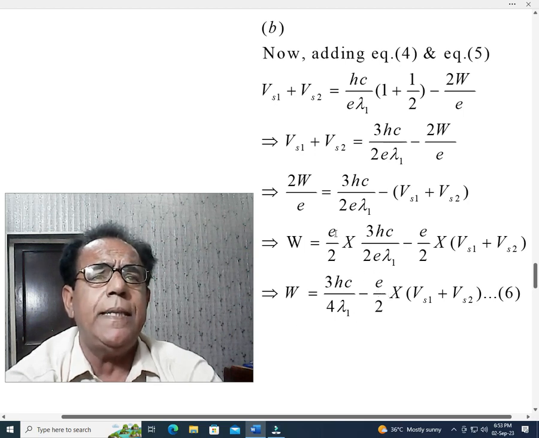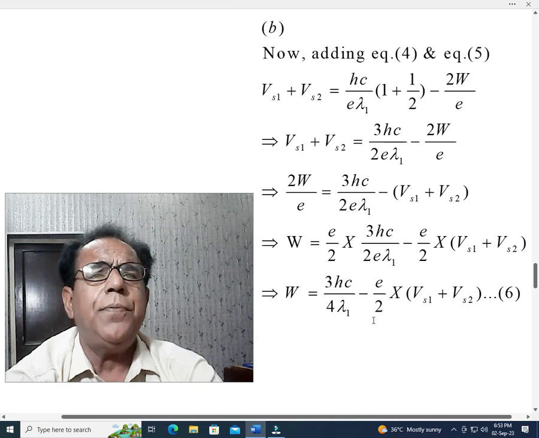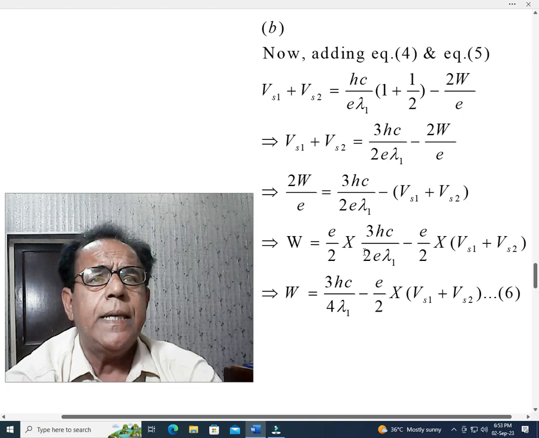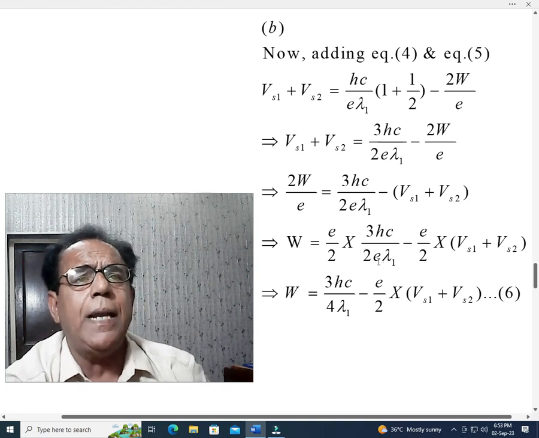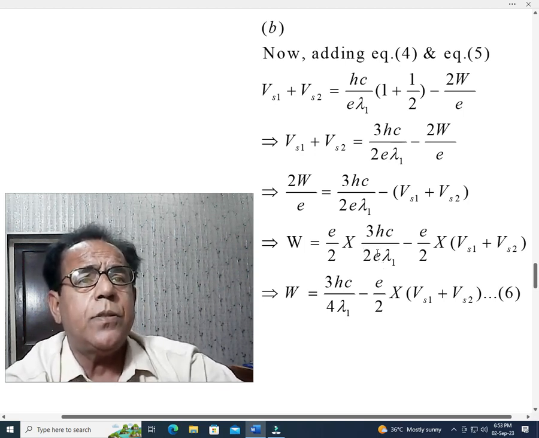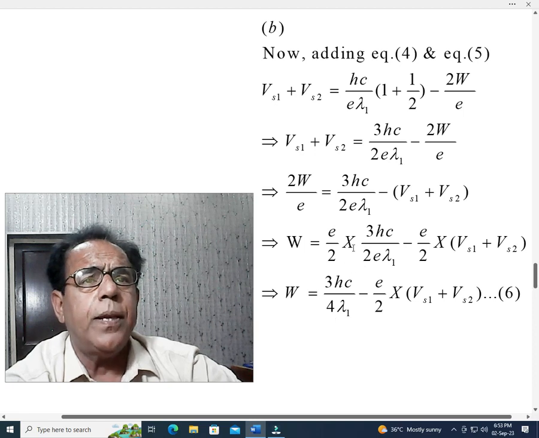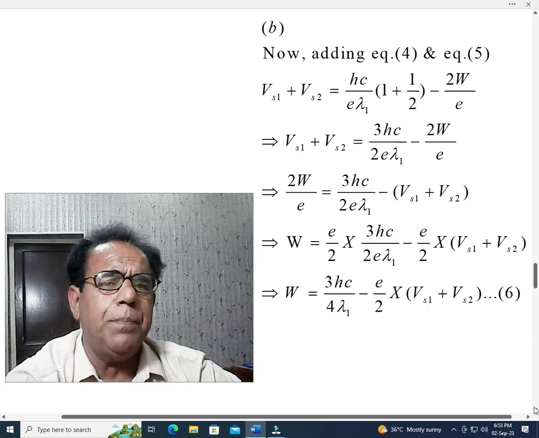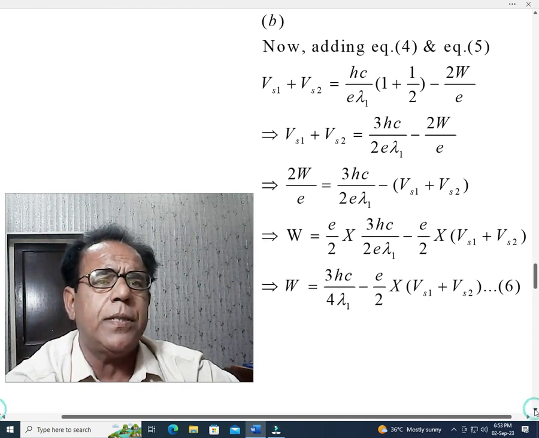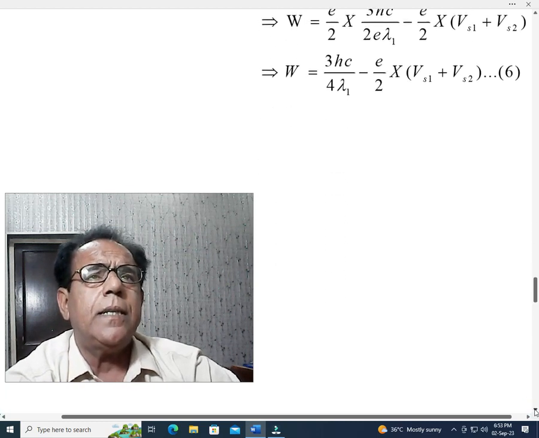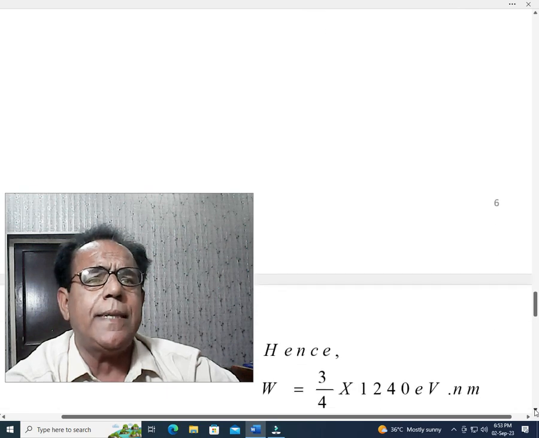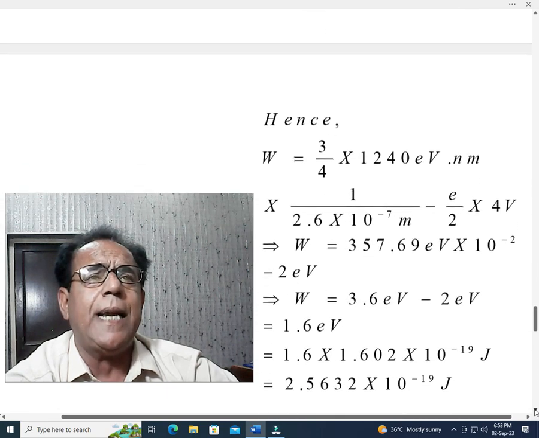Here small e will be cancelled with small e. So 3 by 4 minus e by 2. Quite simple, nothing ambiguous. We have designated this expression as equation number 6.